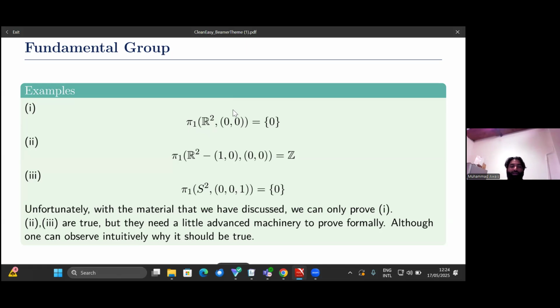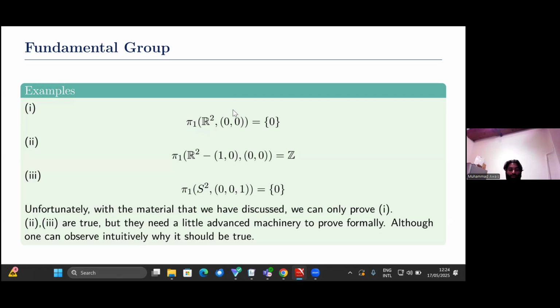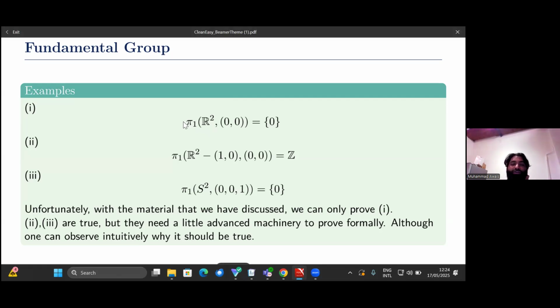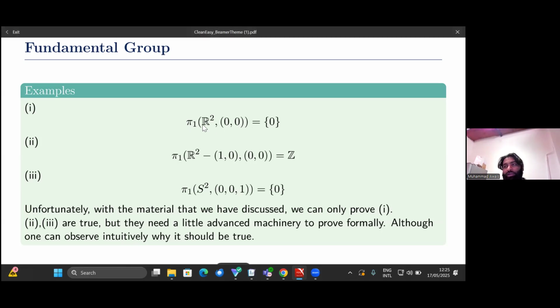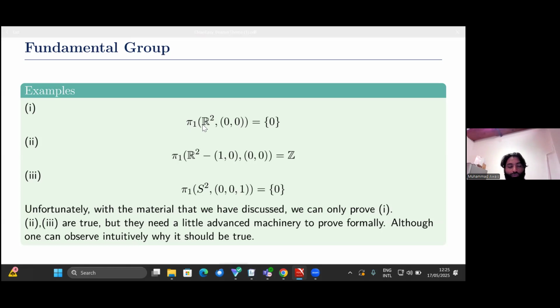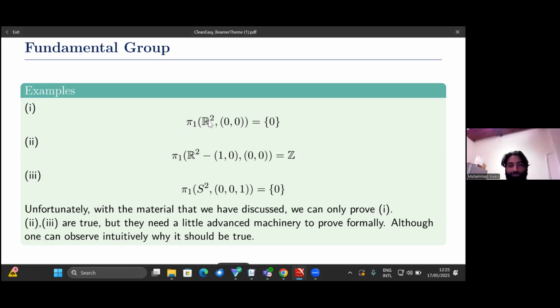First of all, the fundamental group of R2 with respect to the origin is trivial. One can prove this very easily: whatever loop you have, as R2 is convex, using convexity one can easily shrink the loop. But as we are not proving other stuff, let's just see this intuitively.